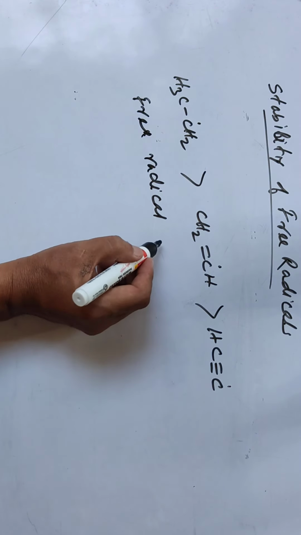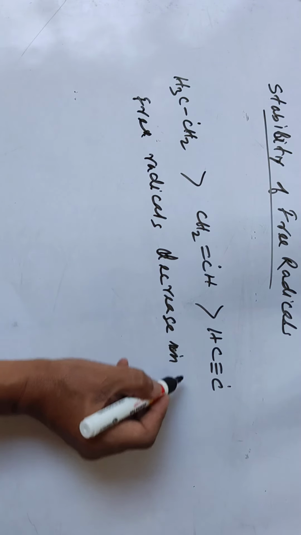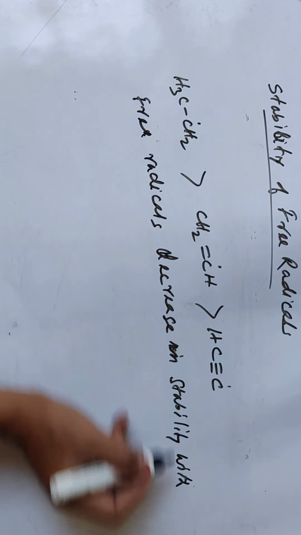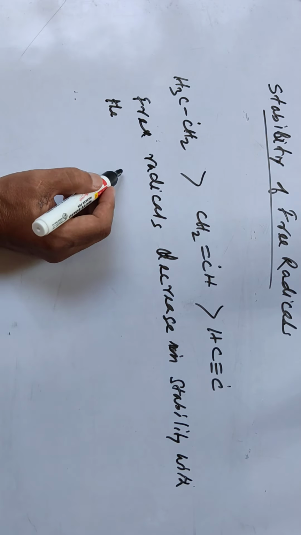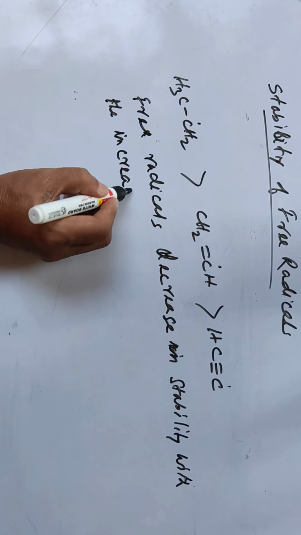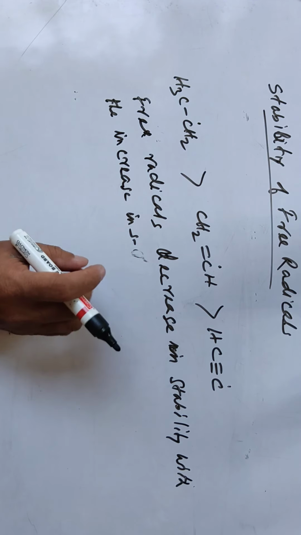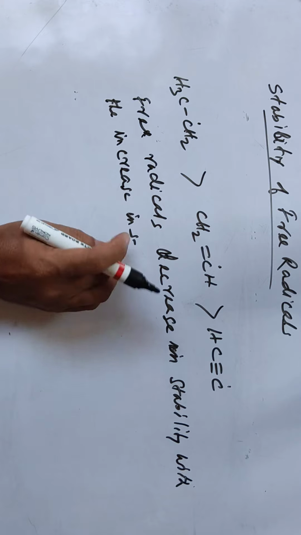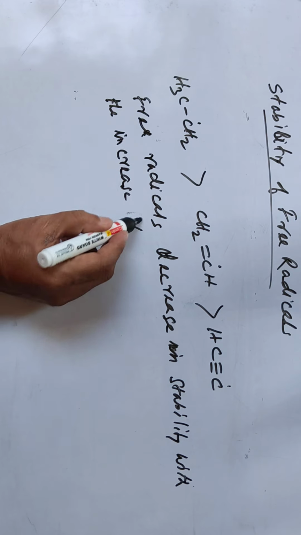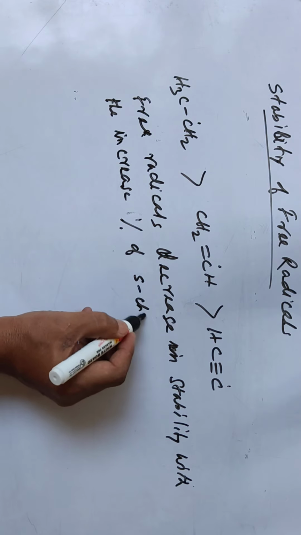So I can write down: free radicals decrease in stability with the increase in percentage of S character, S orbital character.